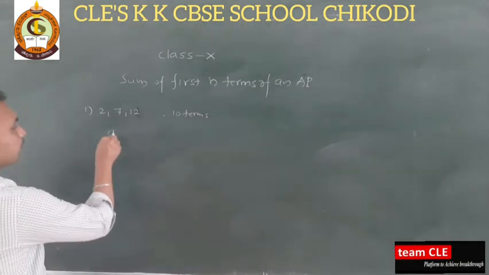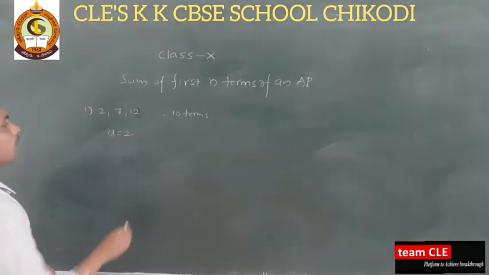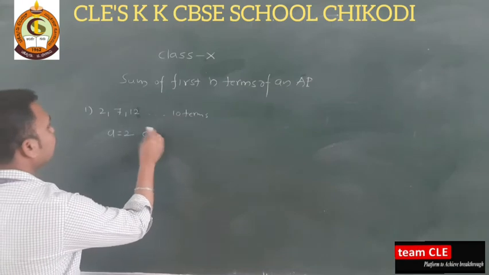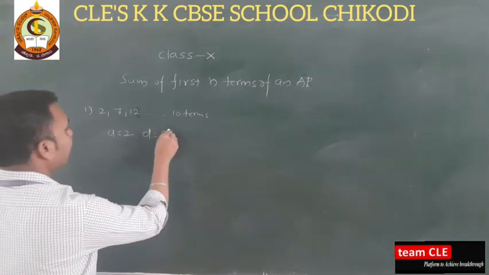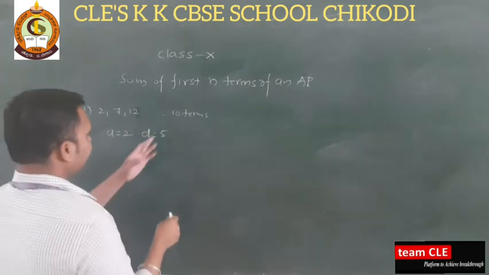Now a is equal to 2. Next, d we need to find: 7 minus 2 is 5.